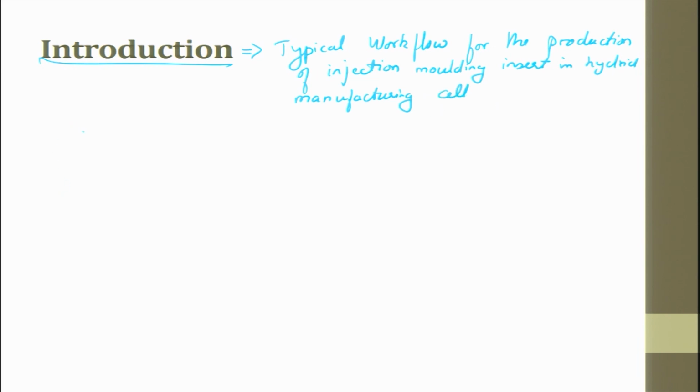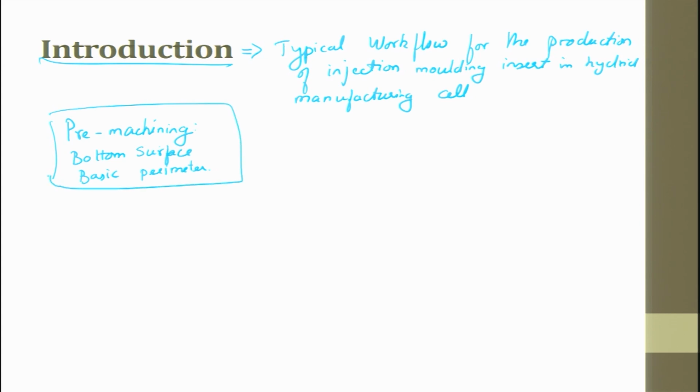So here let us note, pre-machining of the bottom surface, because we are trying to make a reference surface, basic. So we just have to get pre-machining done. Suppose we want to make a cuboid, so when you take it to make a fixture or something, first we have to make references.